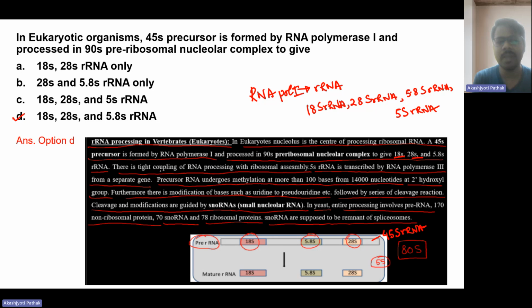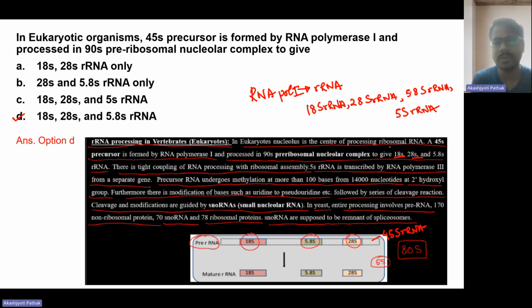So there is tight coupling of RNA processing and ribosomal activity. But remember that 5S rRNA is not formed by the processing of the 45S precursor RNA. This 5S rRNA is transcribed by RNA polymerase 3 from a separate gene.